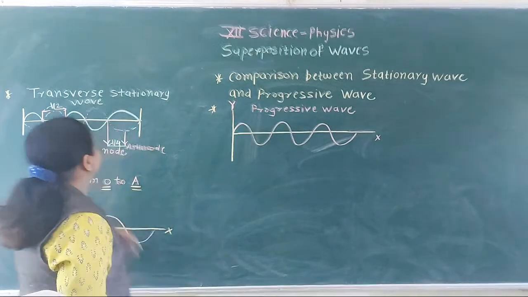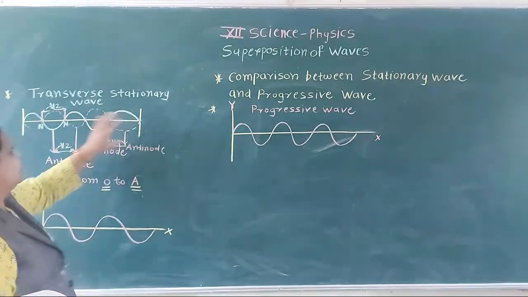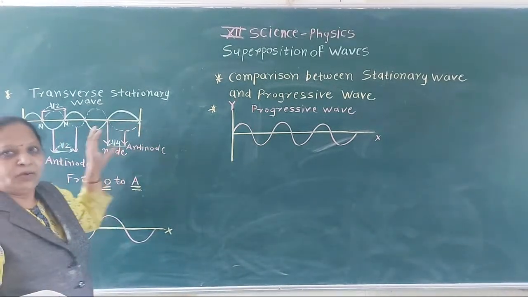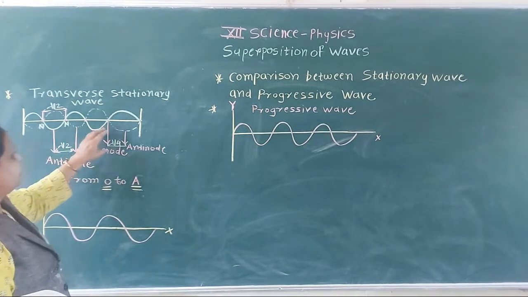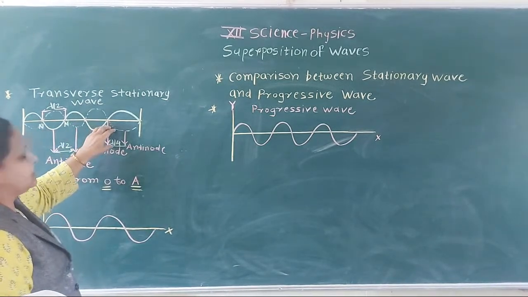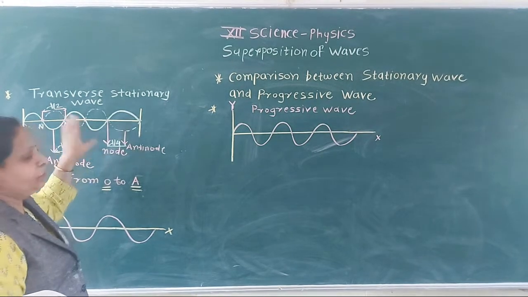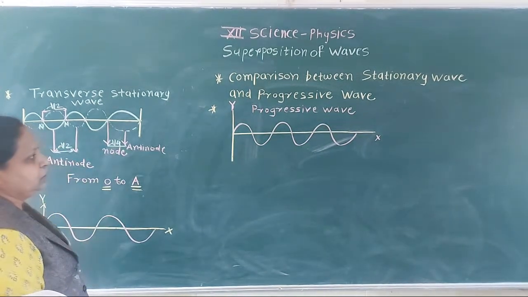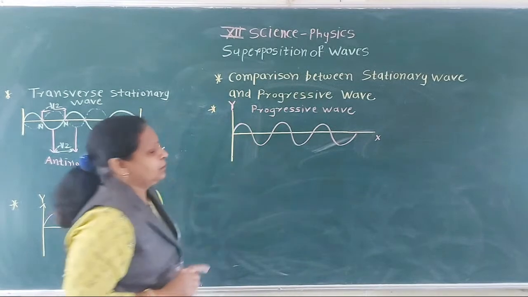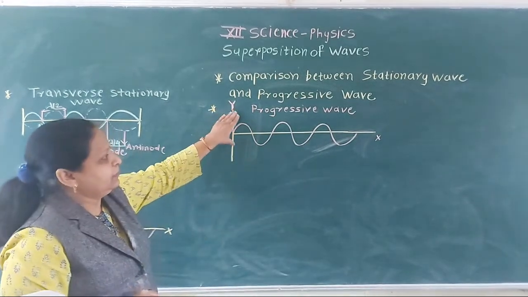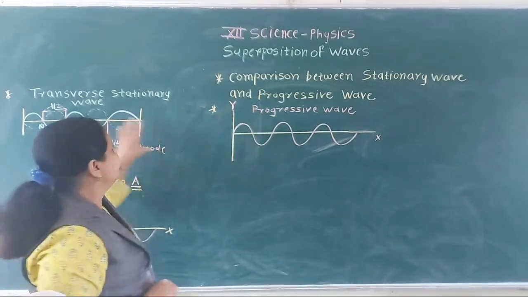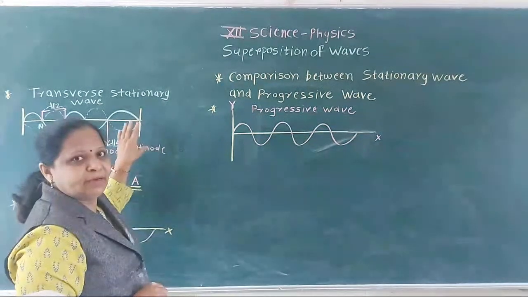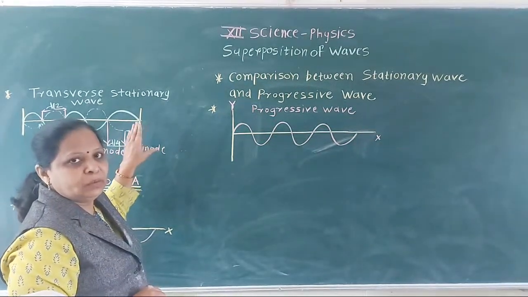But in the stationary wave, there is no disturbance traveling through a medium. So velocity is equal to 0. So the first comparison: in the progressive wave the velocity is finite, and in the stationary wave the velocity is equal to 0.